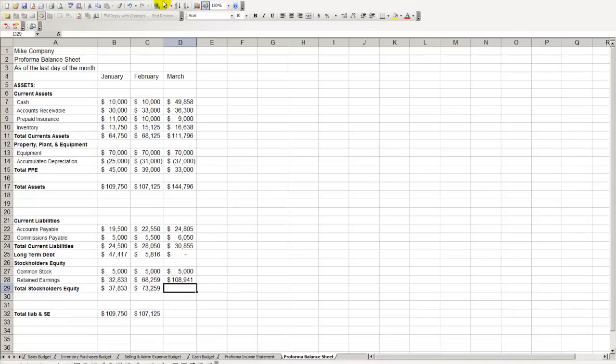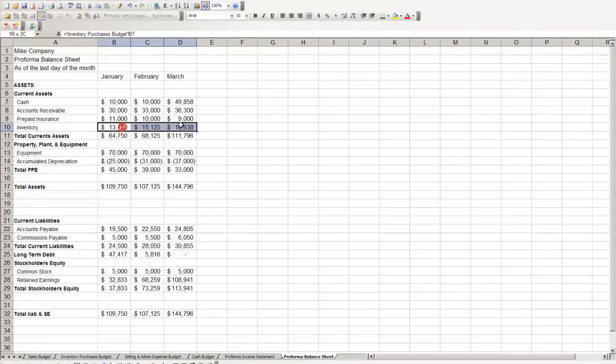Your total stockholders' equity is the sum of common stock and retained earnings. Your total liabilities, your current liabilities plus your long-term liabilities plus stockholders' equity, and you'll see that again your total assets equal your total liabilities plus stockholders' equity. So I'm pretty confident it's all correct.